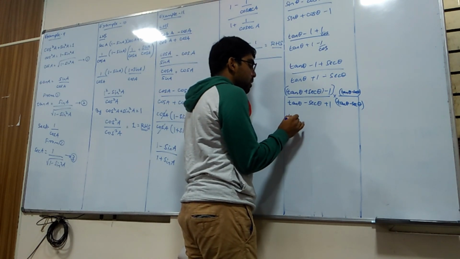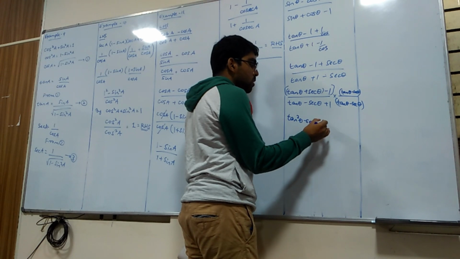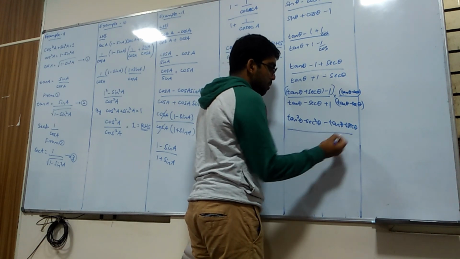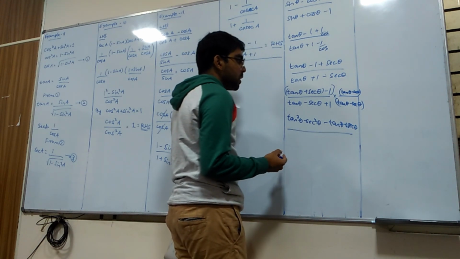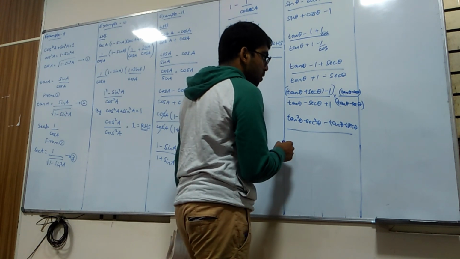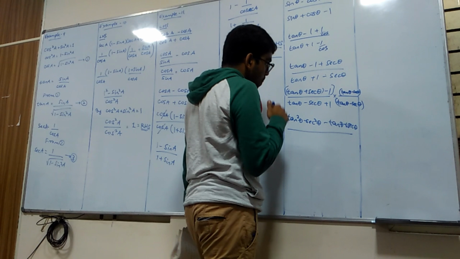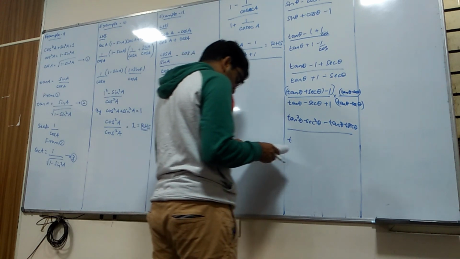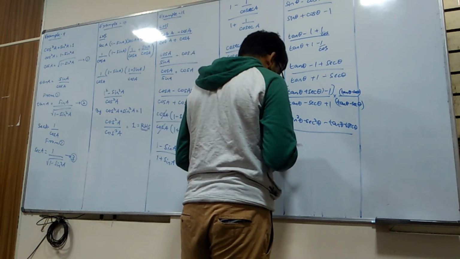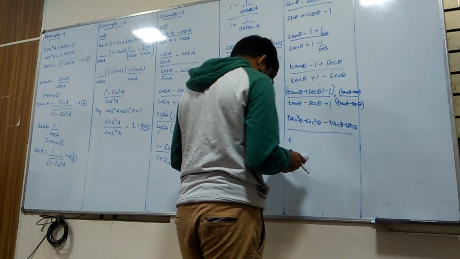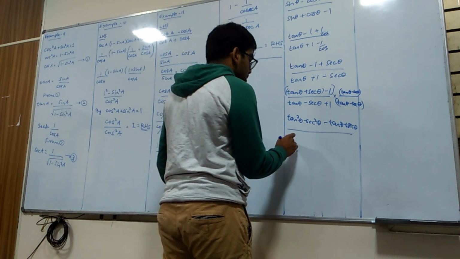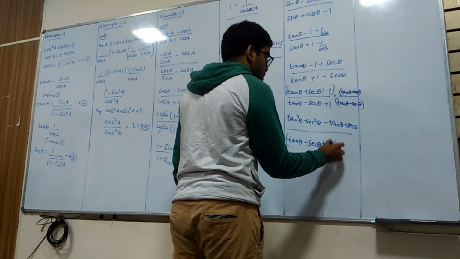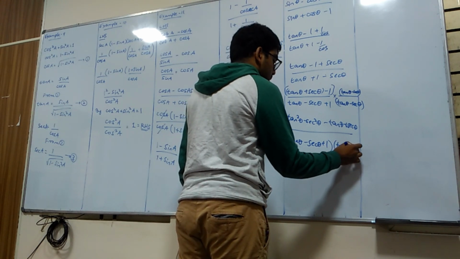Tan square theta minus secant square theta minus tan theta plus secant theta, divided by the denominator, which I keep as such: tan theta minus secant theta plus 1 into tan theta minus secant theta.